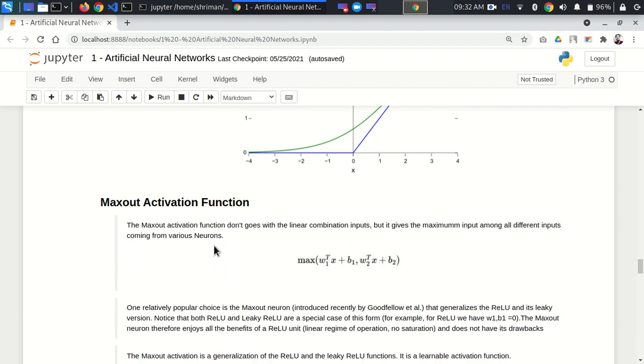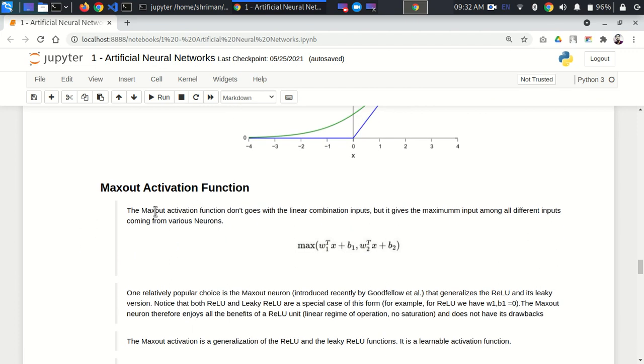Again, the maxout activation function. The maxout activation function doesn't go with the linear combination of inputs, but it gives the maximum input among all the different inputs coming from various neurons. Whenever we pass any kind of data through a neuron in a forward pass, in a feed forward connection, we always calculate a linear mix of input, w1x plus b1 plus this one, and whatever inputs we have, we add them, and this linear mix of input gets inside the neuron.